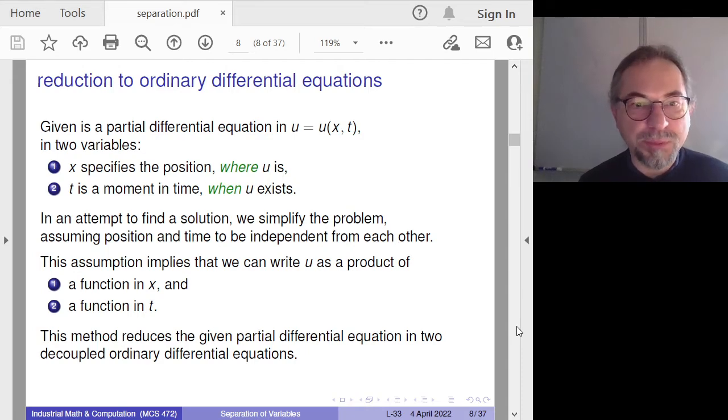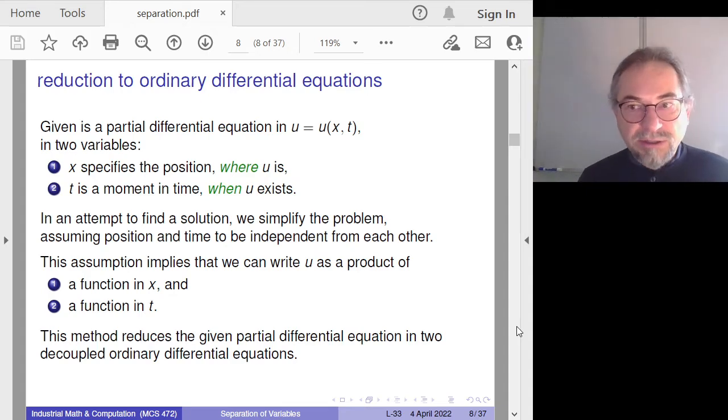To simplify a problem, since thinking about time and space at the same time is complicated, assume that we can use functions that only depend on space and functions that only depend on time. Assume now that we can write a solution as a product of functions in one variable.